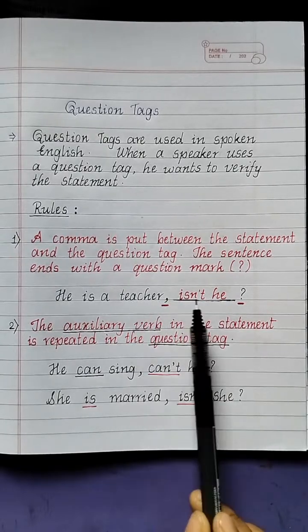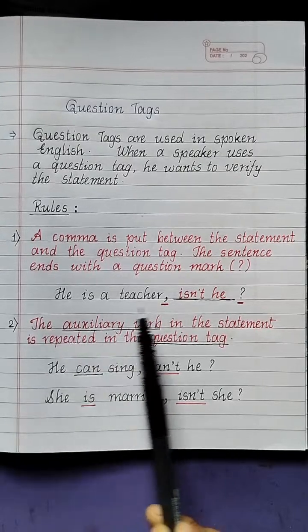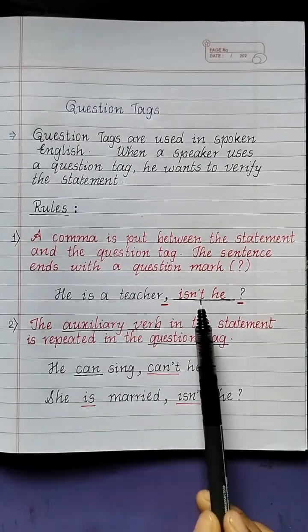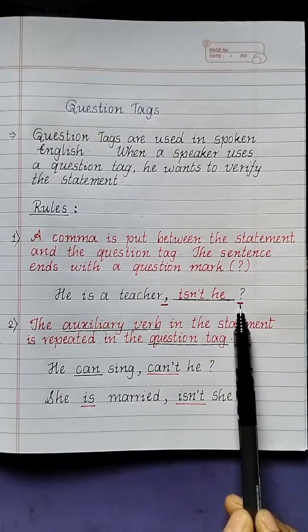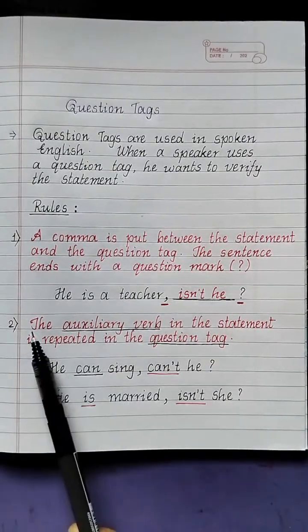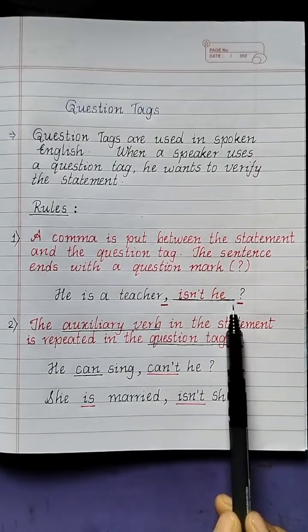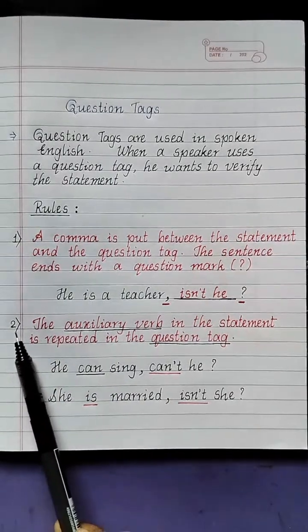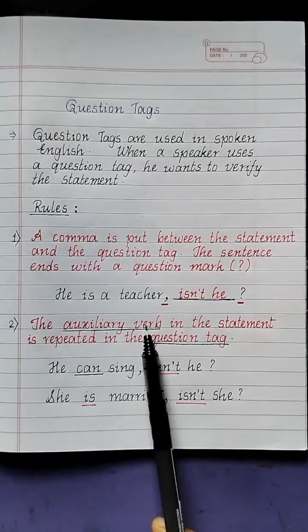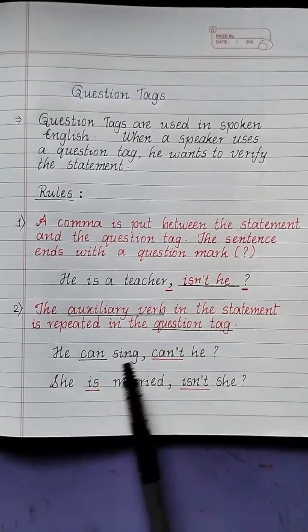So between the statement and the question tag, a comma is used, and at the end of the statement and question tag, a question mark is used. Similarly, these two punctuation marks are very important in the question tag. Rule number 2 says that the auxiliary verb in the statement is repeated in the question tag.